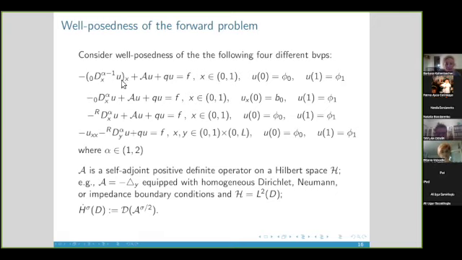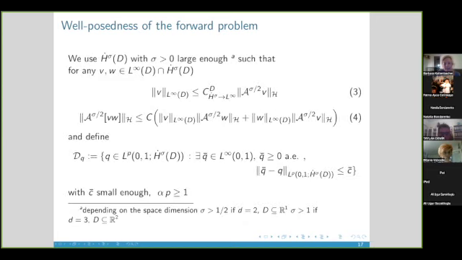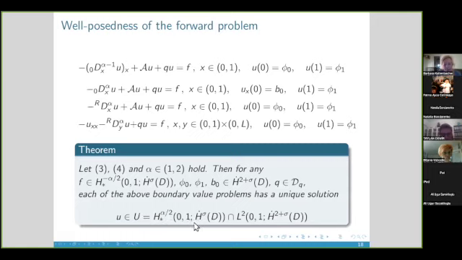Now, here x is clearly the component that plays the particular role, like time in evolutionary PDEs. And actually the solution spaces that we are going to consider, maybe let's just have a look at the existence theorem. The solution spaces will therefore be spaces with time. So the x interval plays the role of a time interval in these Bochner spaces. And this space here covers the smoothness in y direction.